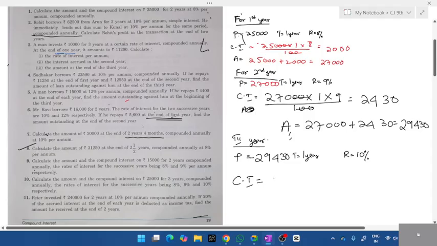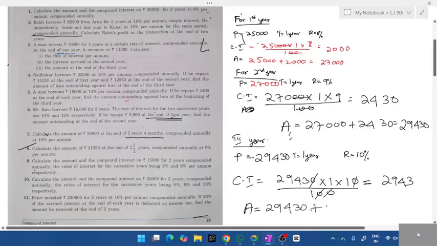Be quick, Angel. Yeah, be quick. 29,430 into... Two zeros get cancelled. What is compound interest? 43. Then after that, that is 29,430 plus.